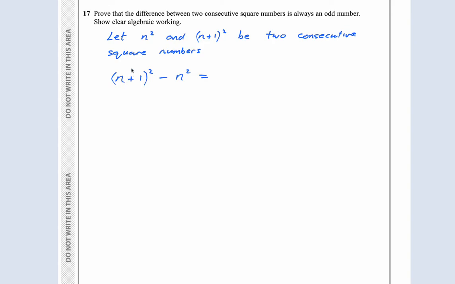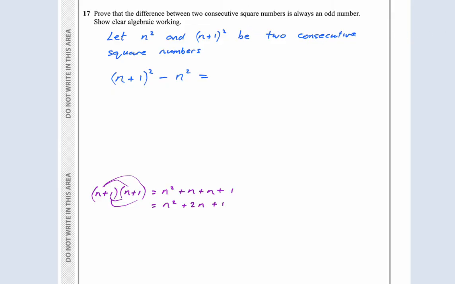Now I need to multiply out this bracket. This bracket, guys, becomes, again, if you're not sure how to multiply out n plus 1 times n plus 1, do it at the side. It's this times this, this times this, this times this, and this times this, plus 1. So it's n squared plus 2n plus 1.